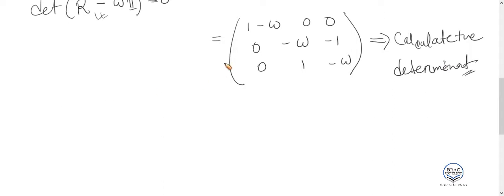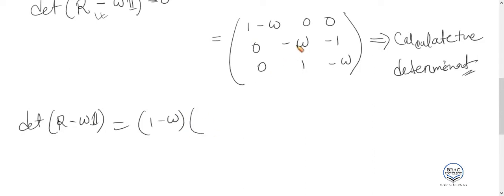So the determinant of this, that is R minus omega 1, will be: first take 1 minus omega, and this is just omega squared plus 1, and all of the other entries are 0, and we have to set this determinant to be 0 as well.